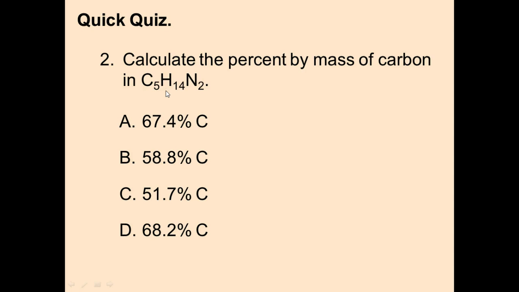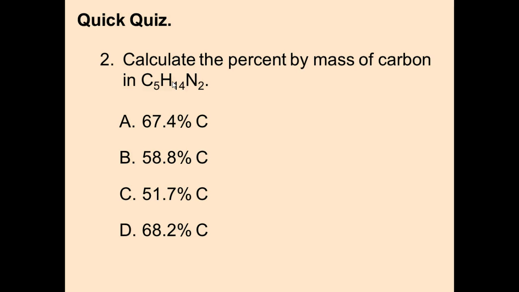So we have 5 carbons, and carbon has an atomic mass of 12.01. So 5 times 12.01, and then we add that to 14 times 1.01, because hydrogen's atomic mass is 1.01.